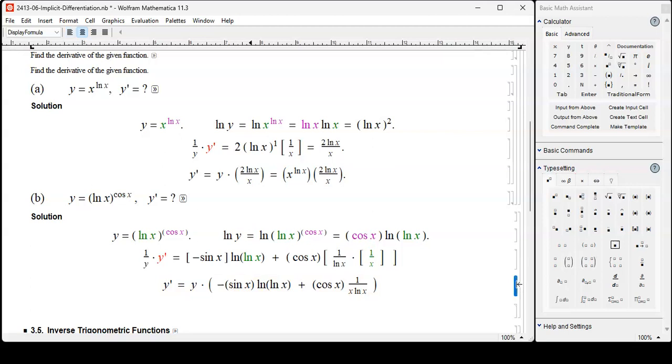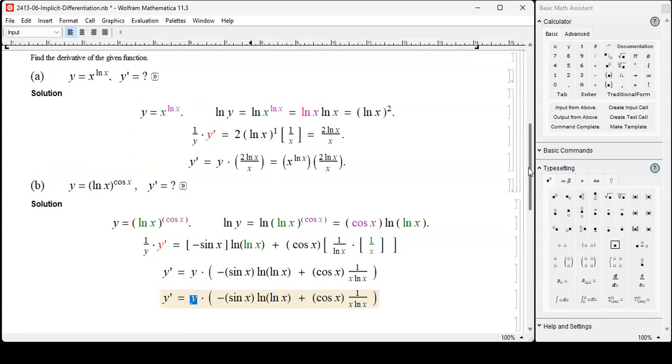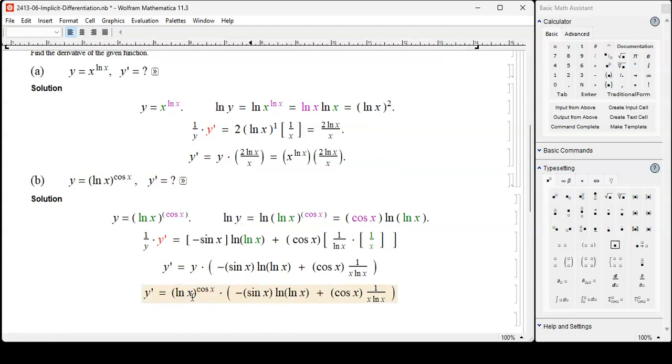Okay, one more. What is y? Let's copy and paste. What is y? It's here. Log of cosine of x. And that'll complete the problem.